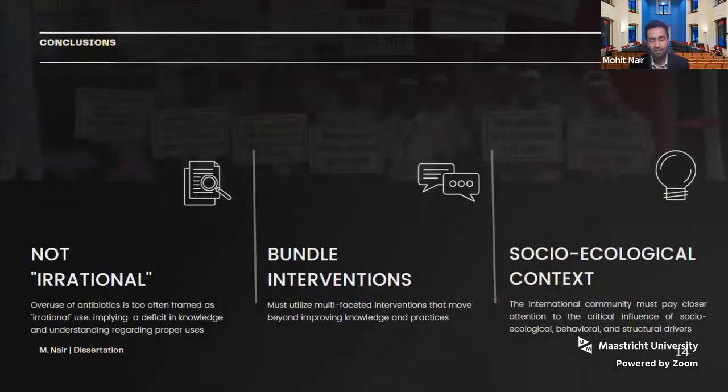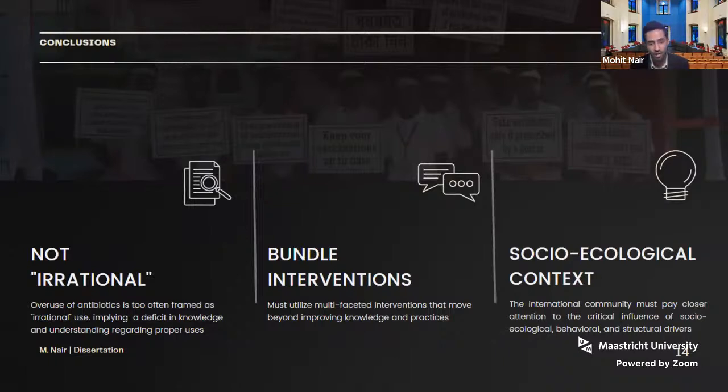Taken together, the 5 chapters present a comprehensive picture of the drivers of antibiotic use in India and similarly structured low and middle income countries, and advocate for a nuanced policy-oriented perspective that moves beyond limiting our conception to irrational antibiotic use to critiquing the very concept of rational behavior in a context where structural limitations to access are the norm.